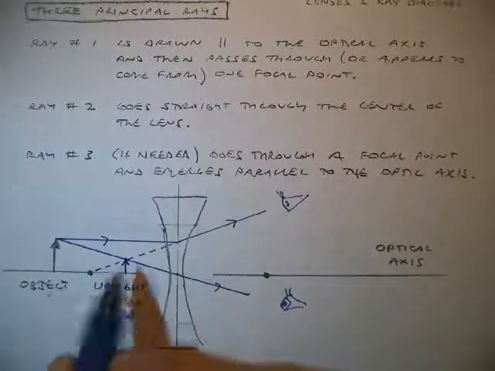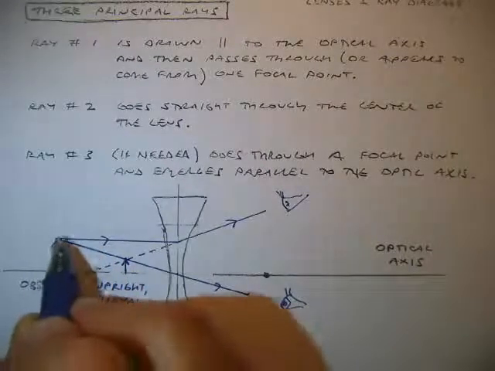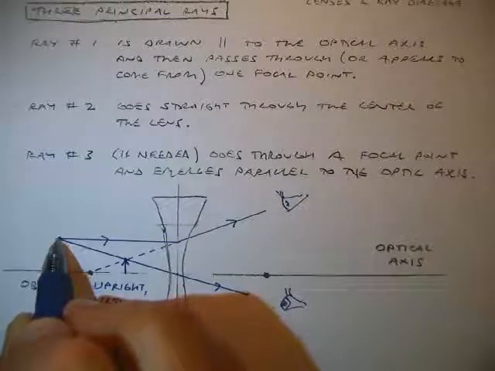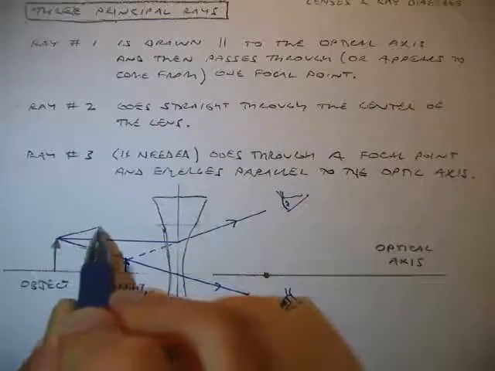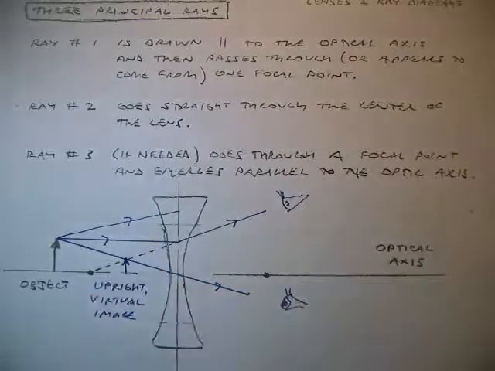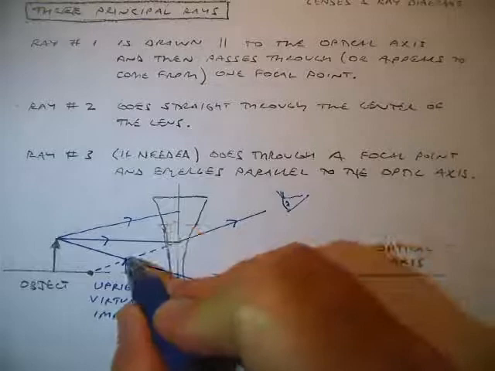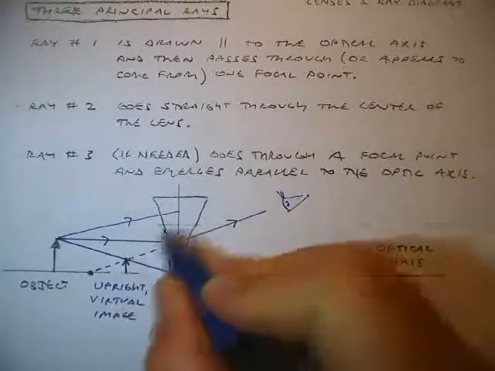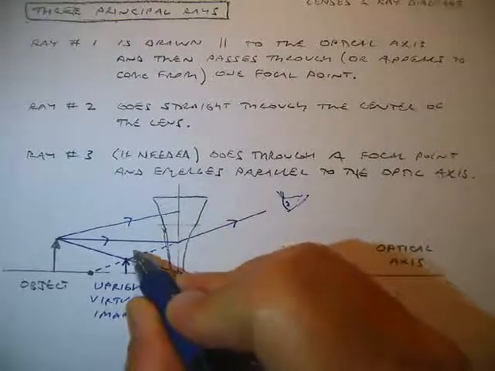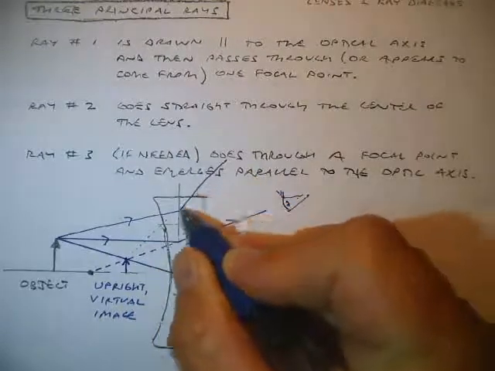Only now that we have this image drawn in here, we know that if you were to bring a light ray from the tip of this arrow and it went here, the light ray would bend up as though it had come from the tip of this arrow. So it would end up bending up kind of like that.